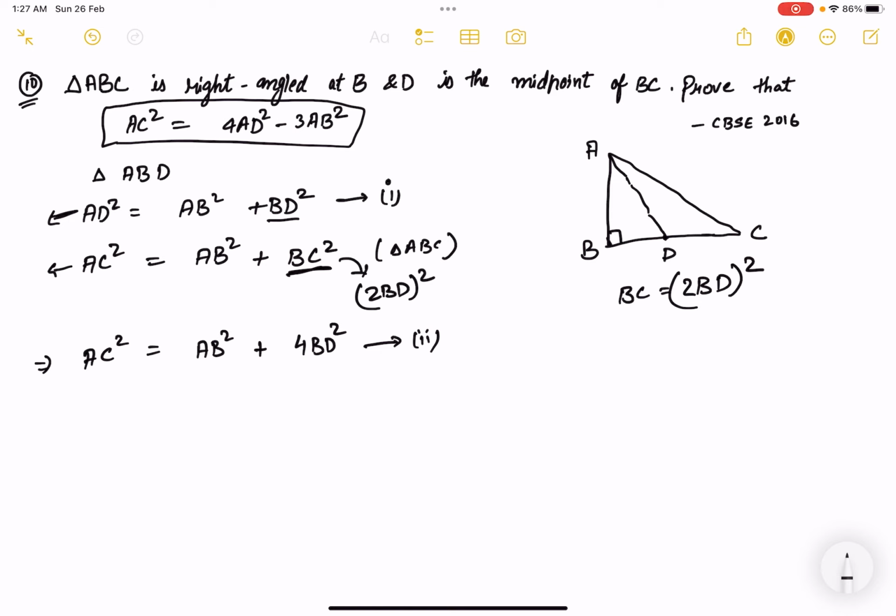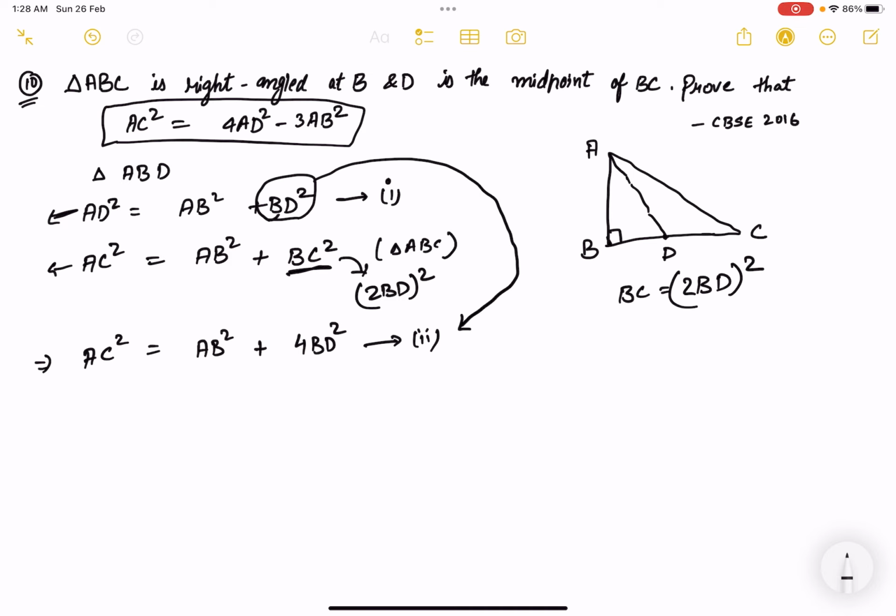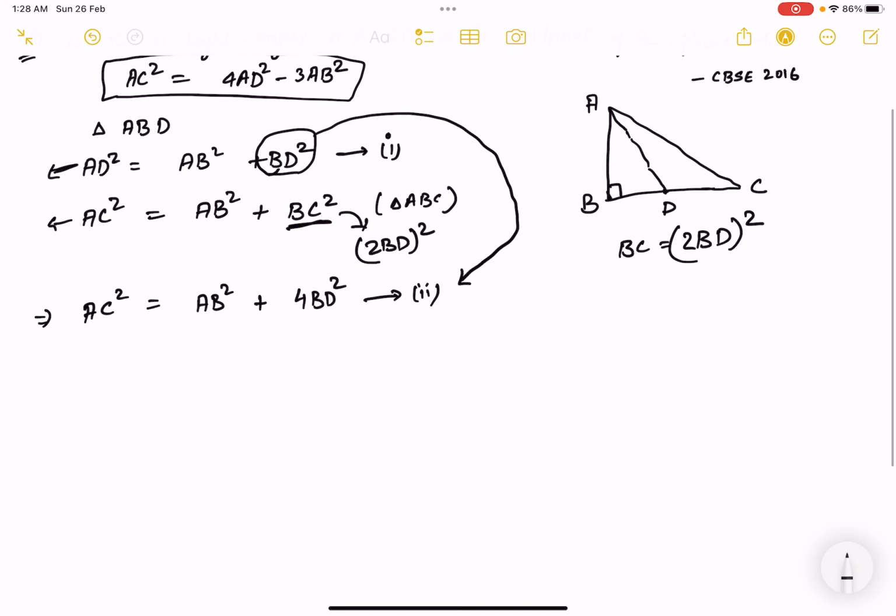As we don't want BD in our final expression, let's substitute the value of BD from equation 1 in equation number 2. Again, AC square is equal to AB square plus 4BD square. BD square we will write as AD square minus AB square.